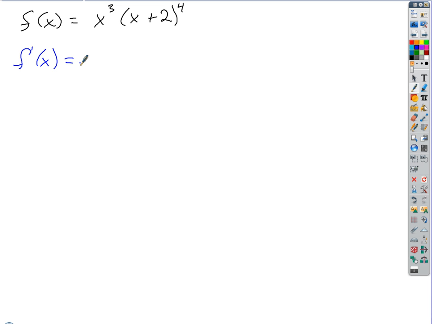Okay, what's the rule we have to follow first? We've got to use the product rule. So we've got the first times the derivative of the second. So we get x cubed times, and the derivative of the second is going to be 4 times (x plus 2) cubed, times 1. Good.